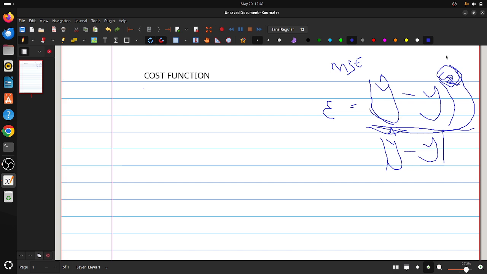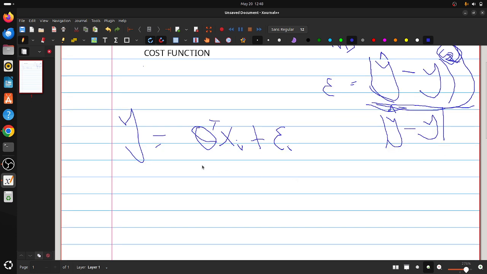So if I can drop you back to our model, y is equal to the transpose of theta x_i plus the error term, which is epsilon. So this was our linear regression model, the one we implemented earlier.